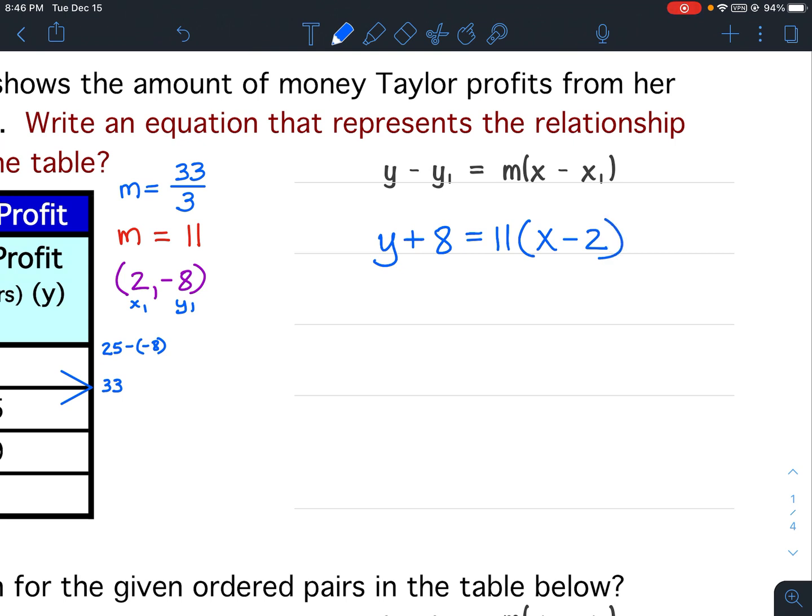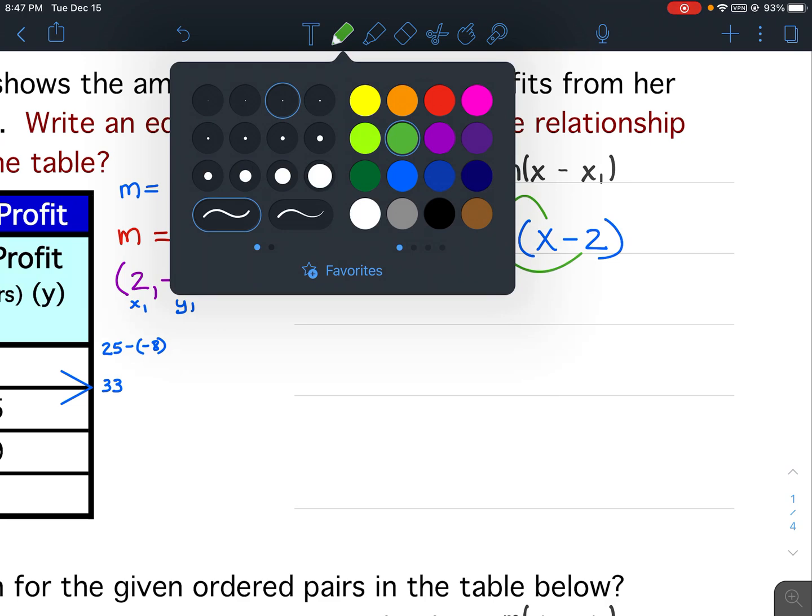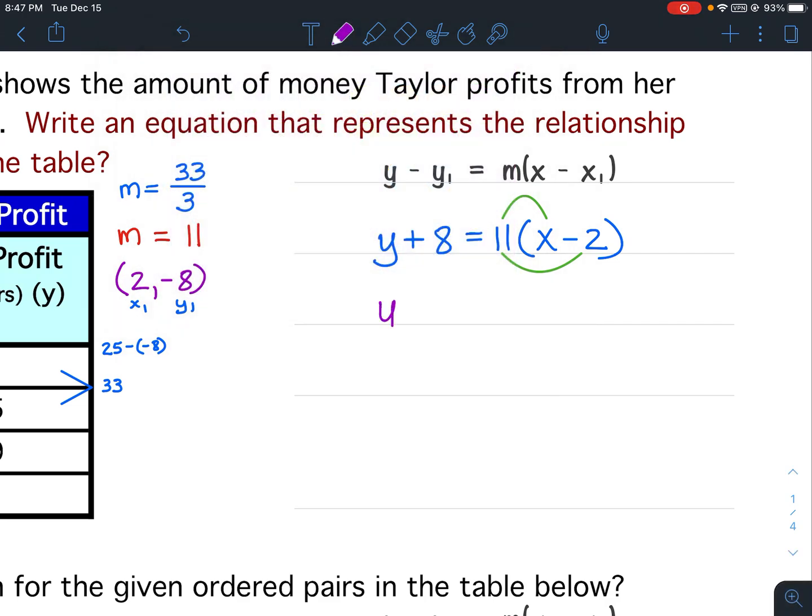Once you plug it into the equation, you do the distributive property. So I'm going to take 11 times the x, and then I'm going to take 11 times negative 2. It's going to stay y plus 8 on the left side. 11 times x is 11x. 11 times negative 2 is negative 22.